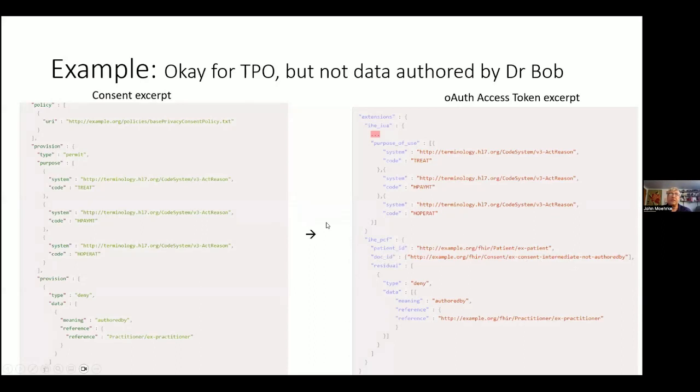Well, this is the consent. That's this thing over here. So it's using a FHIR ID of that consent. And then there's this residual section, which says deny data authored by Dr. Bob. So this is all that needs to be unusually handled at the FHIR server side, in that the additional resource server side agent has to be looking at all the data that comes through for anything that was authored by this particular reference.